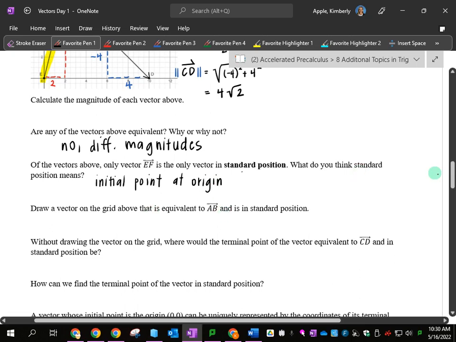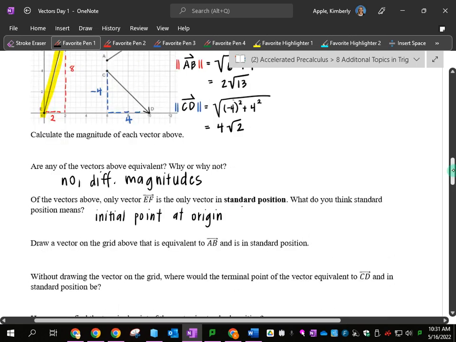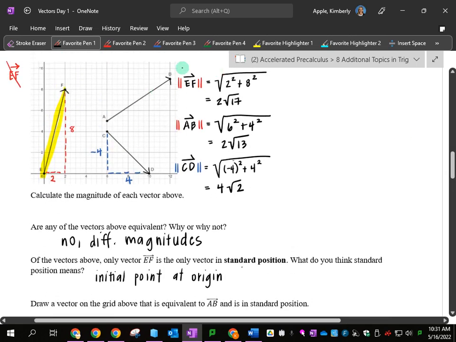So now it wants me to draw one that's equivalent to AB and in the standard position. So here's AB. Let me do it in green. And the horizontal component was how long? How many units? 6. And the vertical component was how long? 4. So I just go over 6 and up 4, and then I have my vector in the standard position.